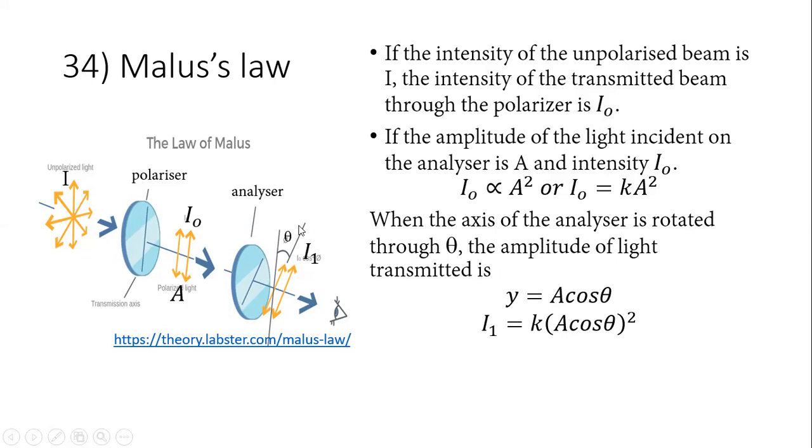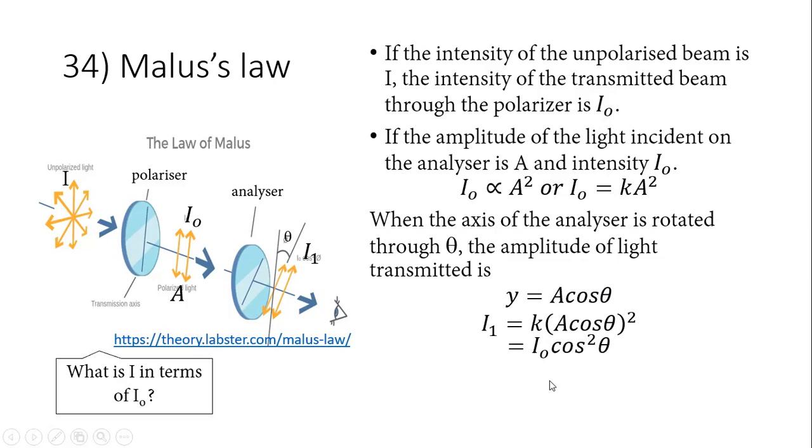Then your I1, which is passing through the analyzer, is K times the amplitude squared, and K A squared is I0, so you can replace it. That is your Malus's law. It is applied to plane polarized light, not unpolarized light, and it's given by this formula.